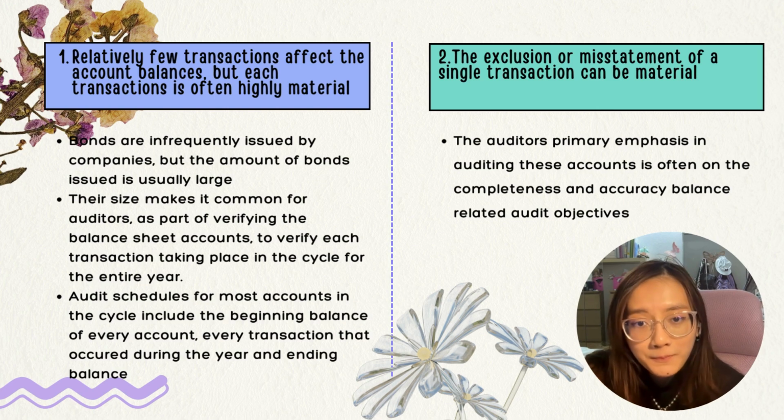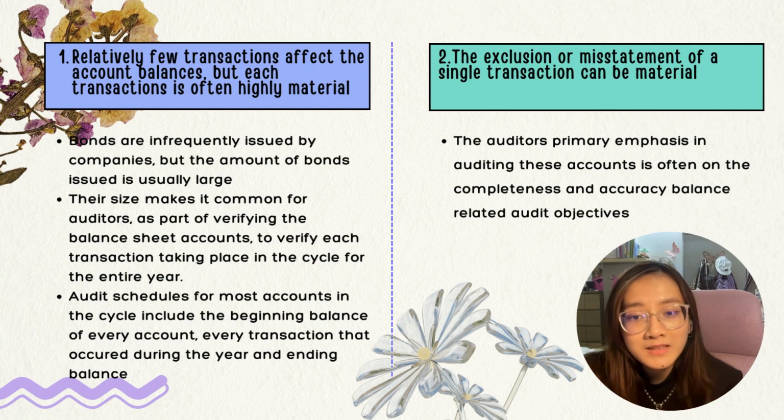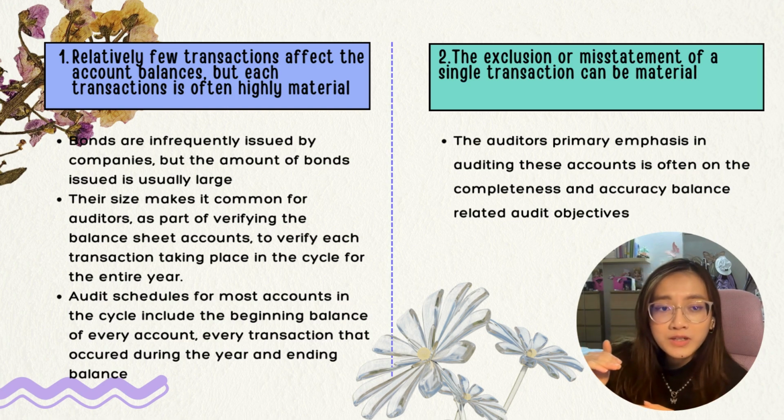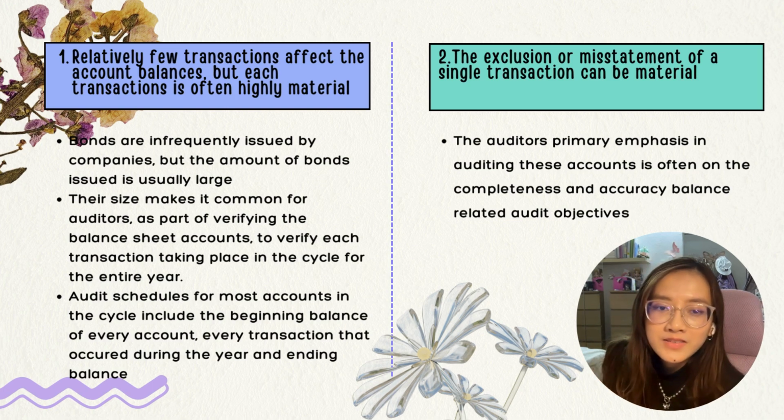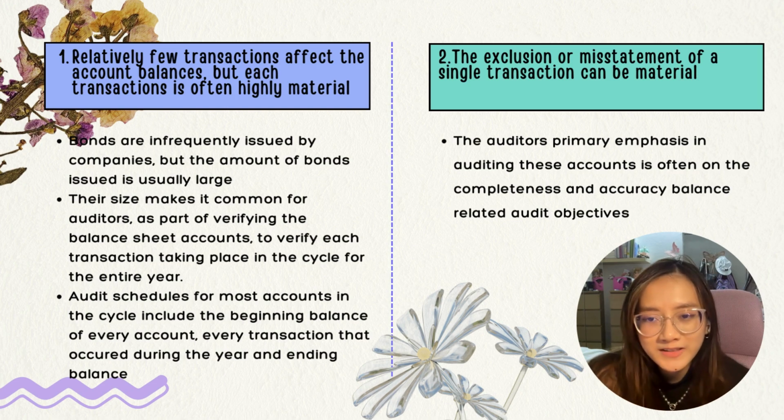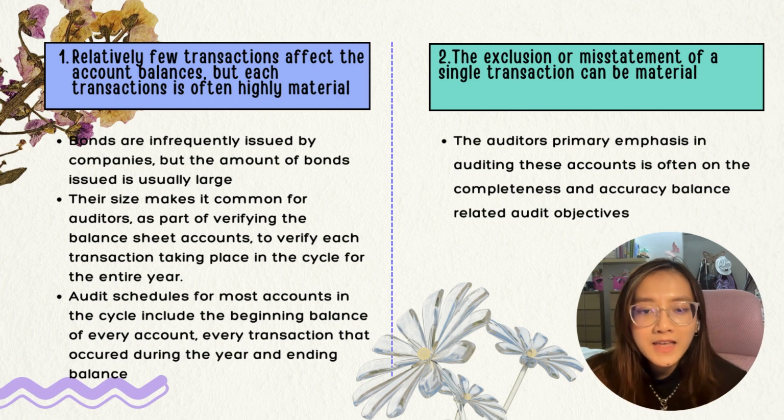What does this mean? The audit schedule for the accounts that involve bond transactions will detail the starting balance at the beginning of the year, list all transactions that happened during the year, and show the ending balance at the end of the year. This comprehensive approach helps ensure that all transactions are accounted for and that balances are accurate and complete.